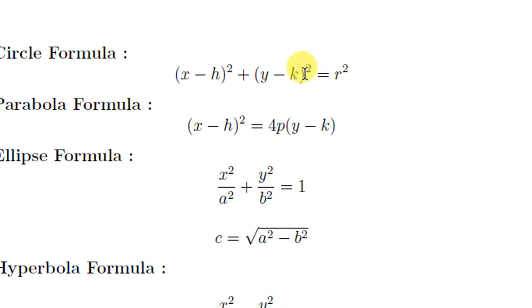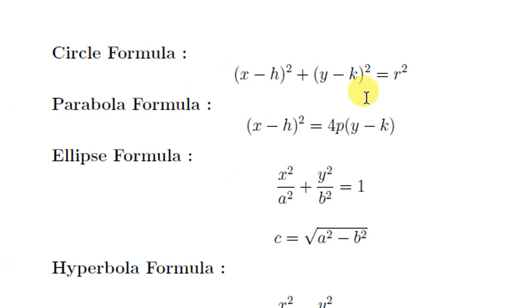So here I have the different formulas. Here you can see the circle formula: (x minus h) square plus (y minus k) square is equal to r square. Suppose I have to write down this mathematical equation using LaTeX commands. We will see how to write down this equation.